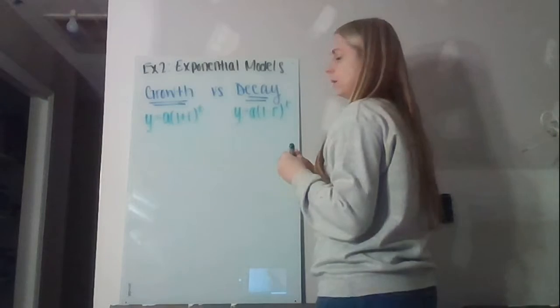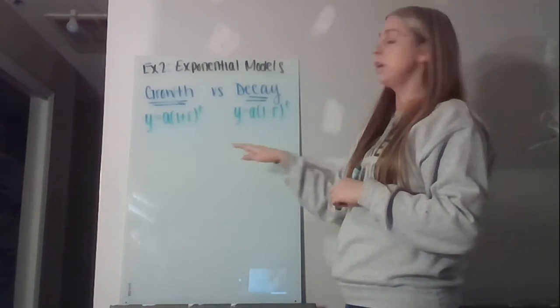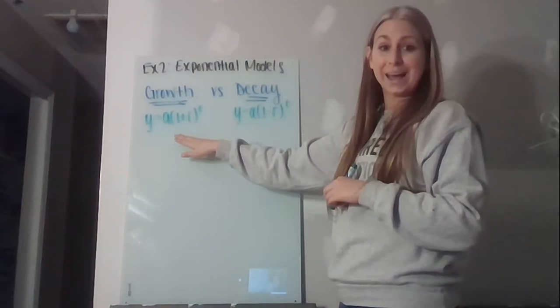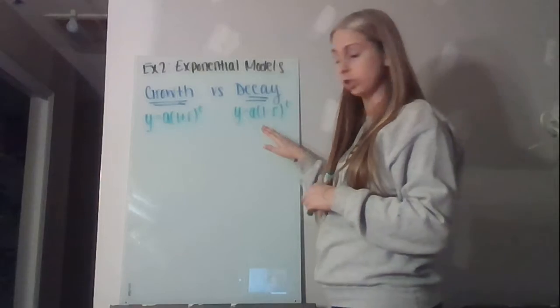So you can see they're pretty much the same. This is 1 plus r to the t. This is 1 minus r to the t. So growth, you're adding the percentage, and decay, you're subtracting the percentage.